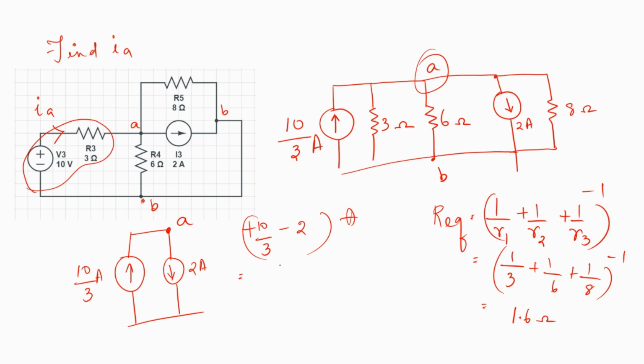So that effectively turns out to be 4 by 3 amps. So I can actually replace this entire circuit in this manner. I'll say that this is a 4 by 3 amps current source connected in parallel with the resistance 1.6 ohms. So this is how we can simplify a large circuit by using the source transformation technique.